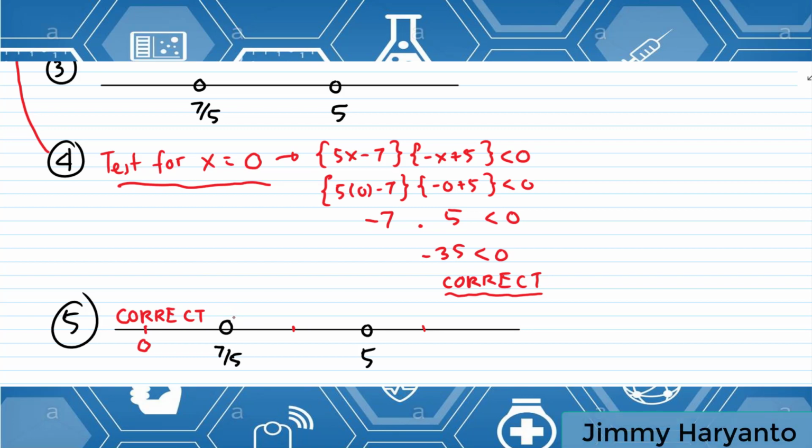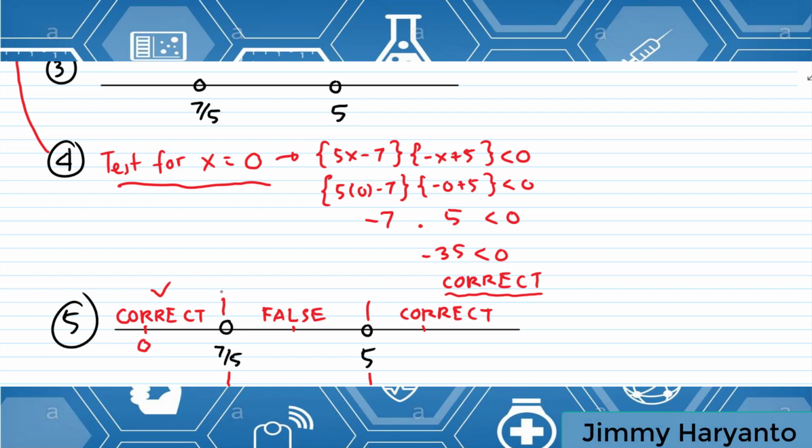When we change the area, the borders are 7 over 5 and 5. If this area is correct, the next area will be false, and the next area will be correct again. So the areas alternately change. If the first is correct, the second will be false and the third will be correct again.